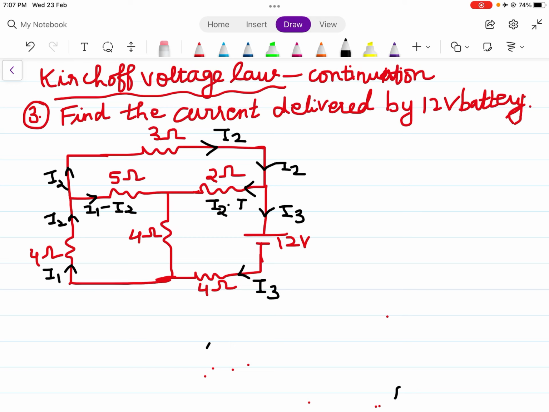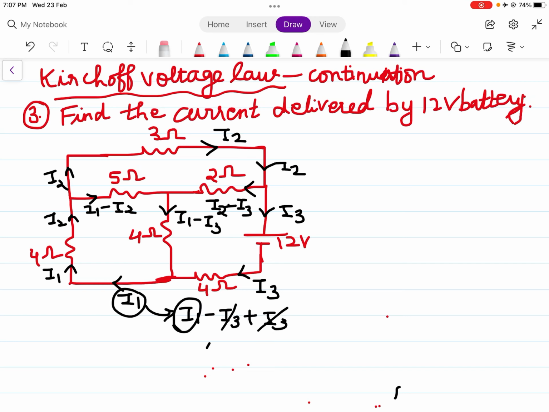I2 minus I3. Then this will be I1 minus I2 plus I2 minus I3. So I2 cancels. I1 minus I3. And then here it will be I1. Why will this be I1? Because it will be I1 minus I3 plus I3. So I3 cancels. Therefore I1 will remain.